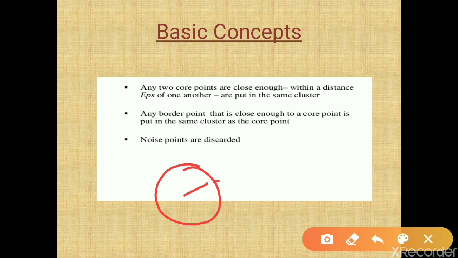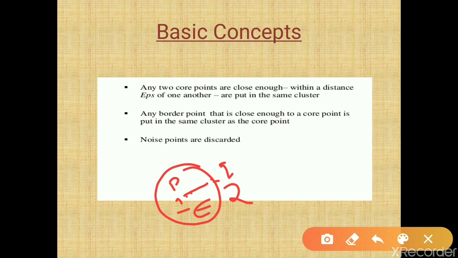If this is the epsilon value, and this is a core point, I am naming it P, and this is another core point Q. If two core points are close enough within a distance of epsilon of one another, they are put in the same cluster. These two points come under the same cluster only.